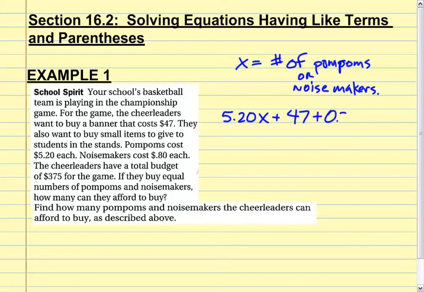Plus 80 cents. Is that right? Oh, you mean I need to multiply this number by x, the number of noisemakers. It's not 80 cents for all of them. It's 80 cents for each one.